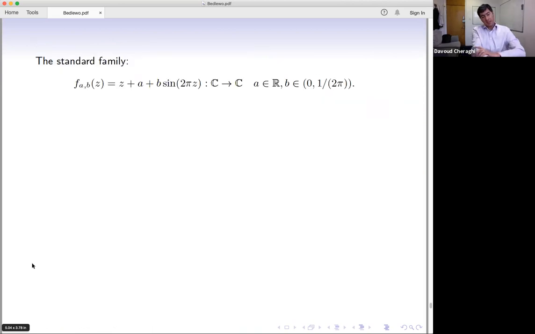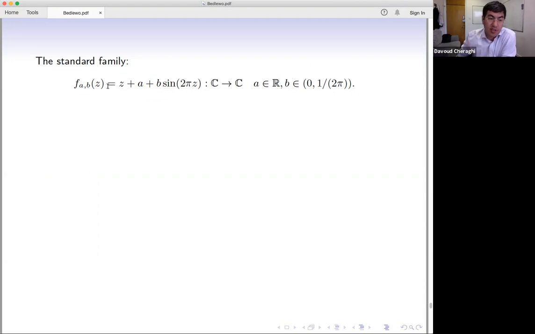So the standard family f sub a b, which is of the form z plus a plus b times sine of 2 pi z, we can easily complexify this, just taking z to be a complex number. So again, a and b are real numbers, but b is taken into that interval, so that this reduces to a diffeomorphism on the real line.